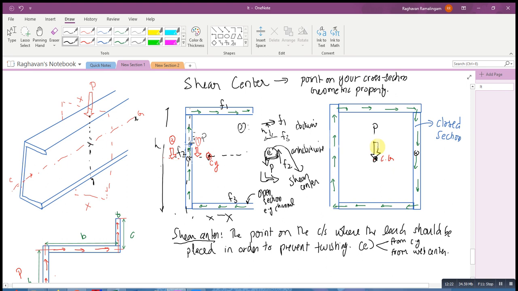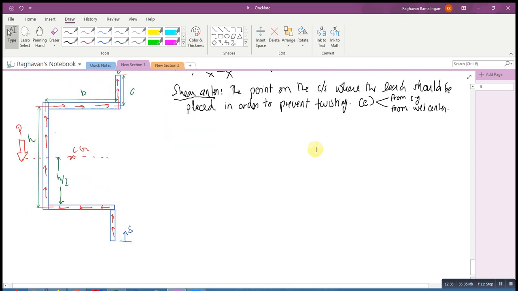So if you keep your load anywhere except at the center, you will again face the same issue as you faced over here. So in general, for bisymmetric sections, the shear center and centroid coincide.